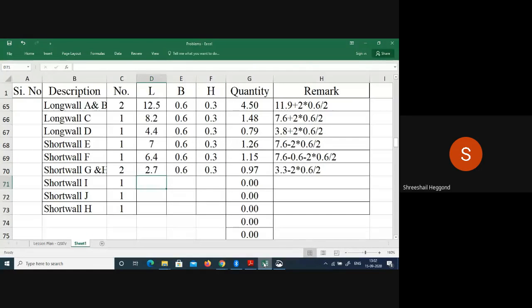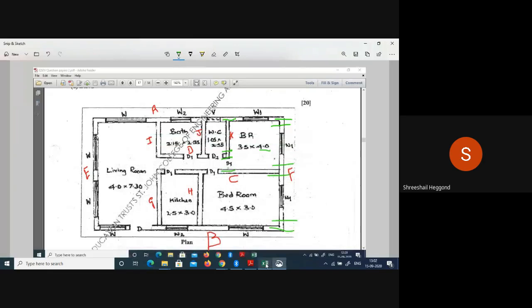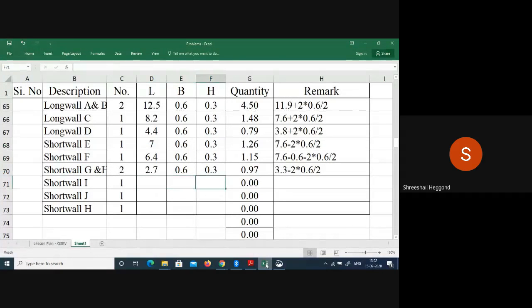Next, I is 2.95 internal. Therefore, center to center it will be 3.25 minus 2 into 0.6 divided by 2. Therefore, length will be 2.65. If I am wrong, correct me. I'm calculating orally completely.